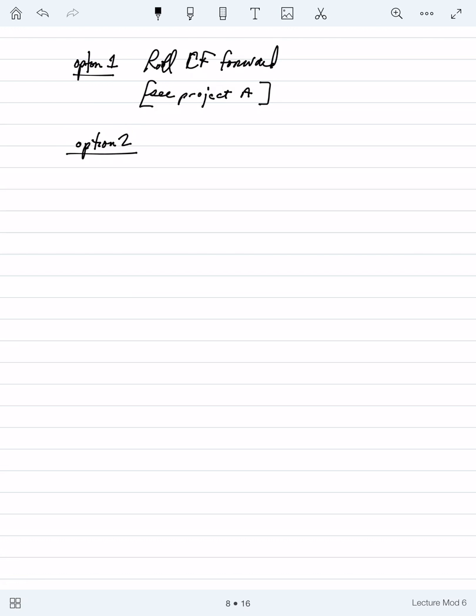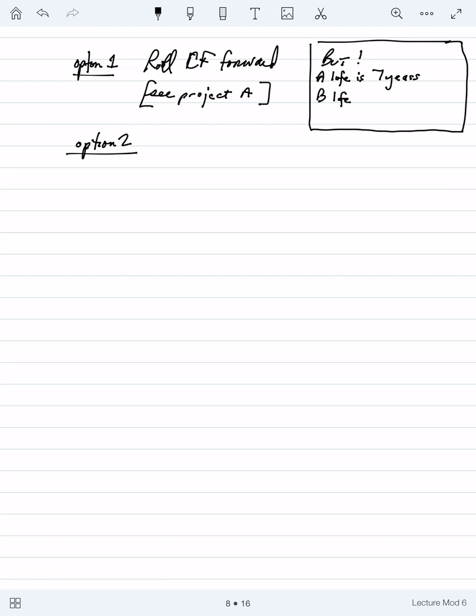Now, here's the tricky part though. Suppose A has, let's say, an economic life of 7 years, and let's say B has an economic life of 11 years.